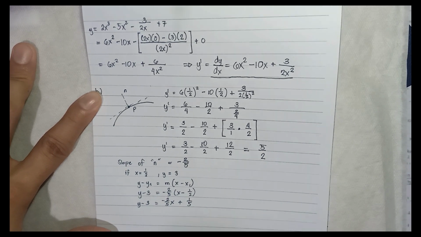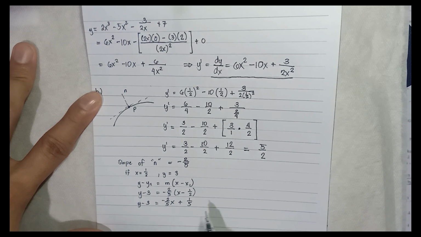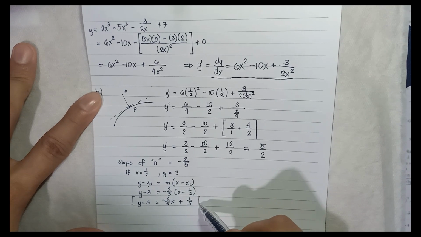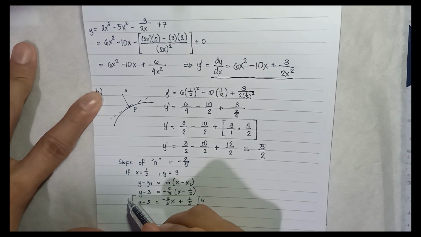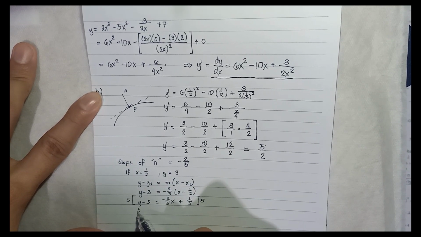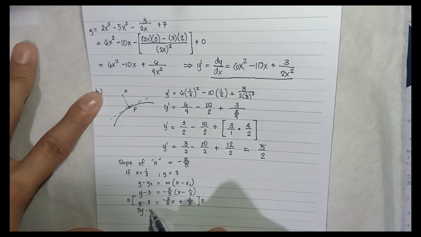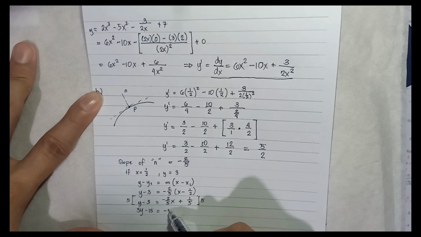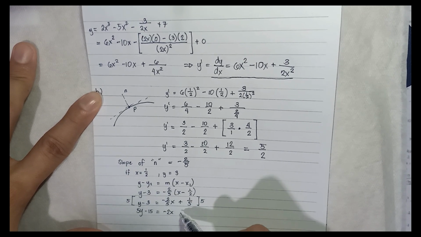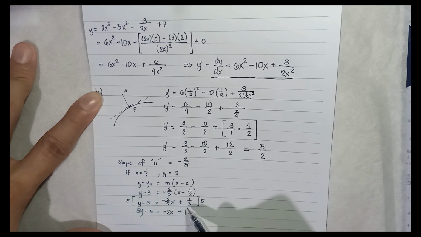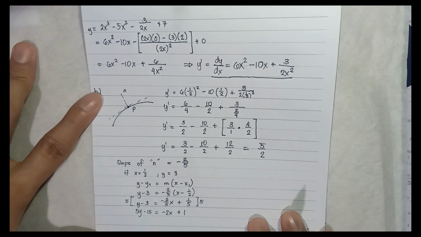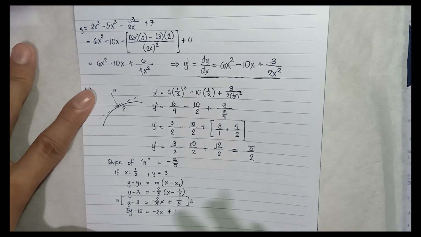And then, just to eliminate the denominators, we multiply 5 on both sides. This gives us 5y minus 15 equals, the denominator will be cancelled, we get negative 2x, 1/5 times 5 will be positive 1. Then, since we are asked to solve it in the form ax plus by plus c, we just transpose everything to the other side.